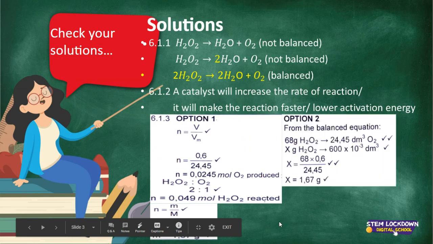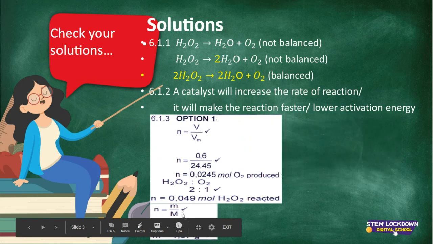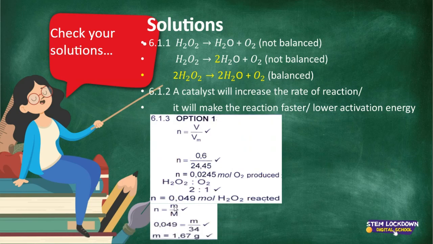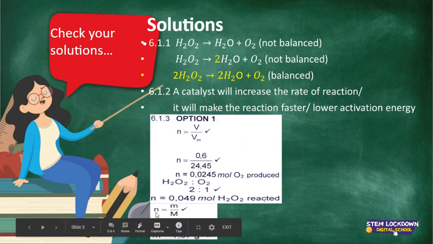So what will be happening there is that you have a mass which is unknown, and the number of moles is 0.049. What is the molar mass of hydrogen peroxide?